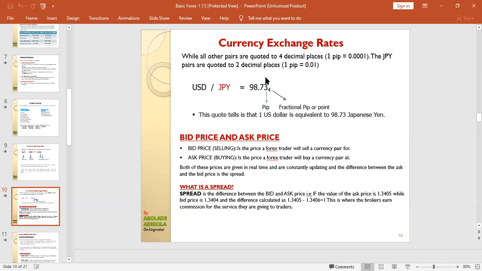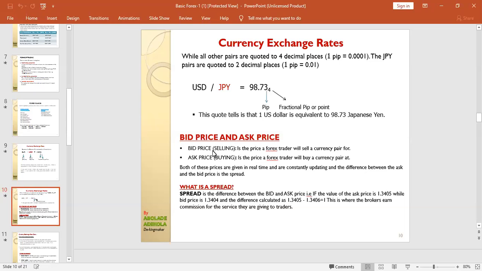So the second number after the decimal point is the pip, okay, and this is on all JPY pairs, all the pairs that carry the Japanese yen. And the third number after the decimal point is the point or fractional pip, so you don't want to mix it up. We also talked about bid price and ask price.